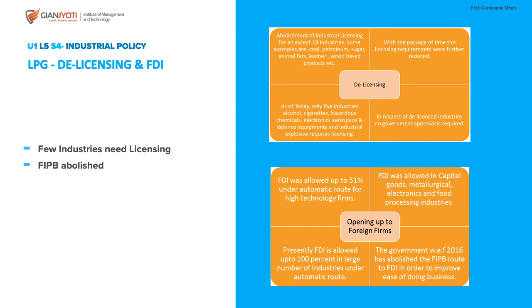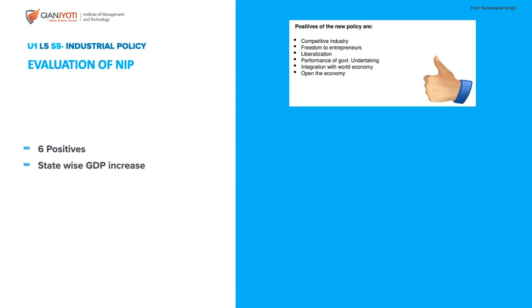So now the individual departments of the government have the freedom to decide on foreign investment. So at present, FDI is allowed up to 100% in a large number of industries. So from a protected economy to a globalized economy, that is how things have moved.